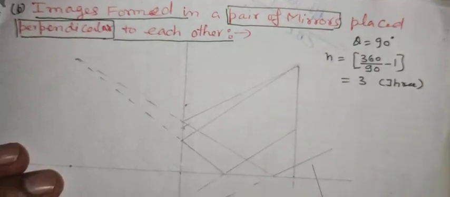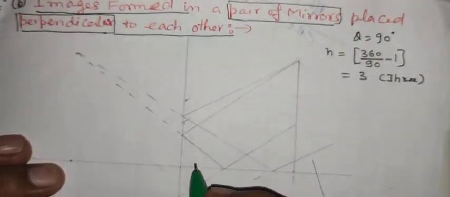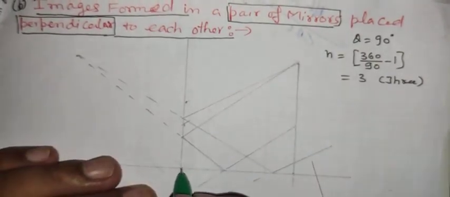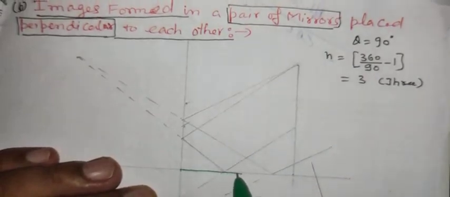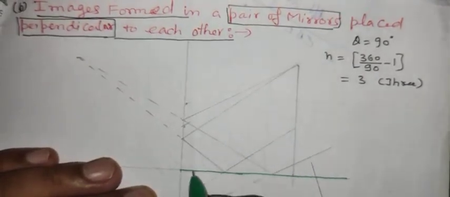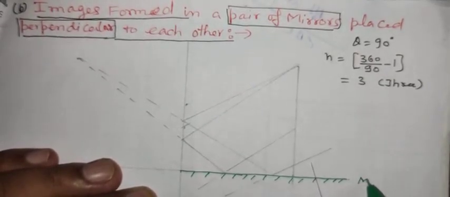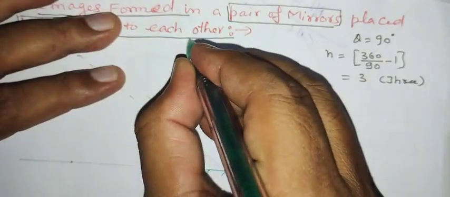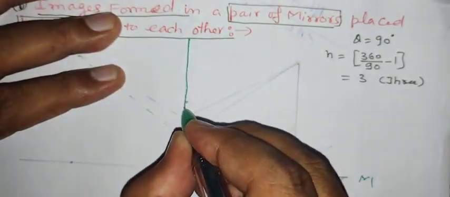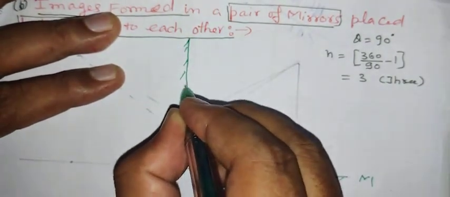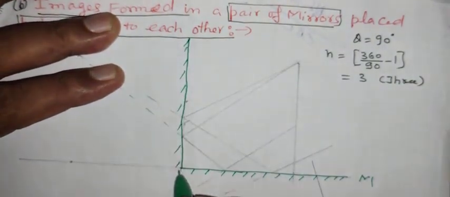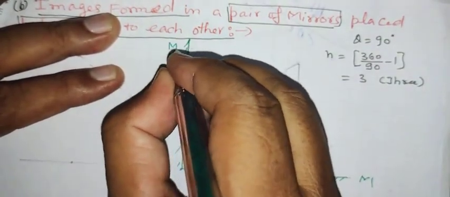For the number of images, see this diagram very carefully. Let us consider 2 mirrors, M1 and M2.